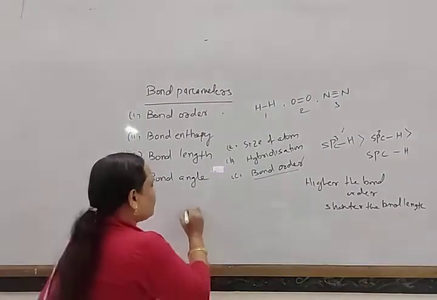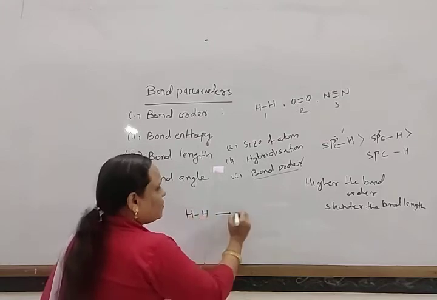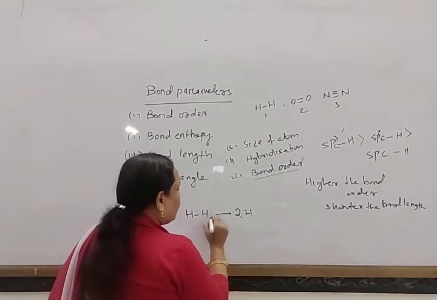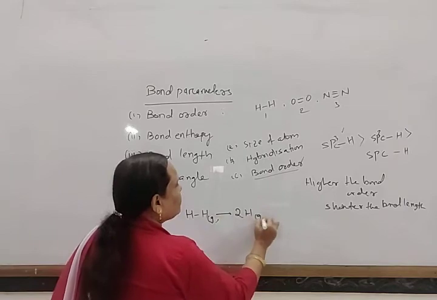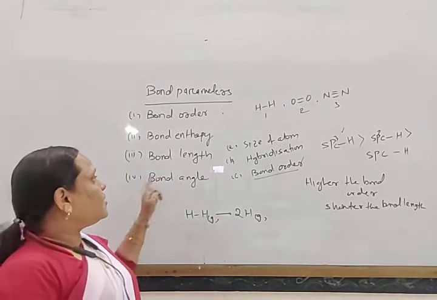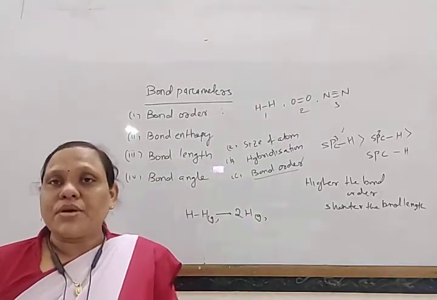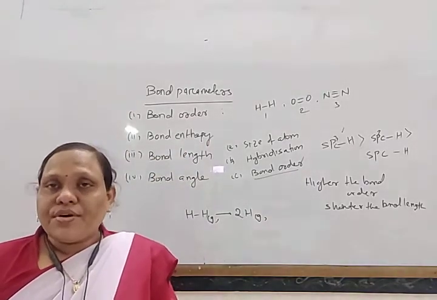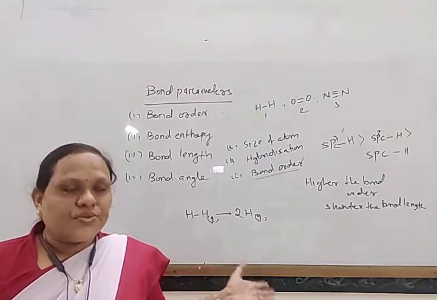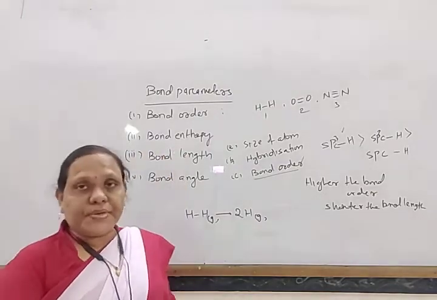For example, the energy required to convert a gaseous hydrogen molecule into gaseous atoms is the bond enthalpy. For a polyatomic molecule, the average value of the bond dissociation energy is known as bond enthalpy.